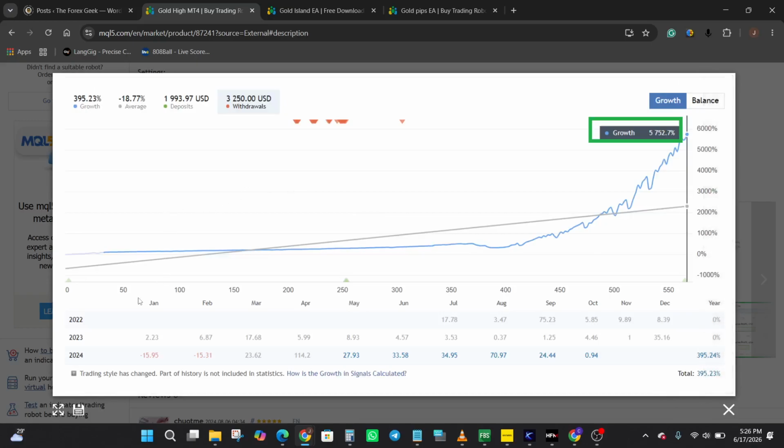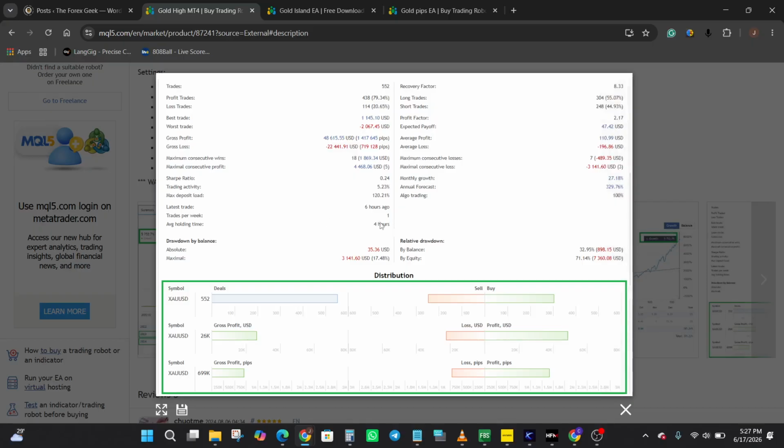Okay, here we have a 395.23% growth. We have quite an interesting curve here. Initially it was sort of stagnant before it started rising at this point and rising continuously. Okay, and then here we can see 552 trades taken.